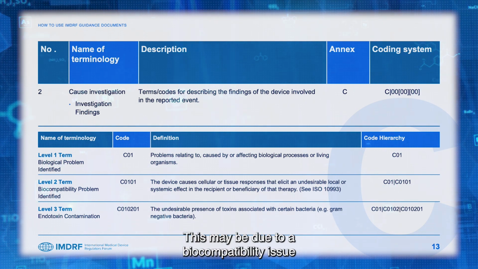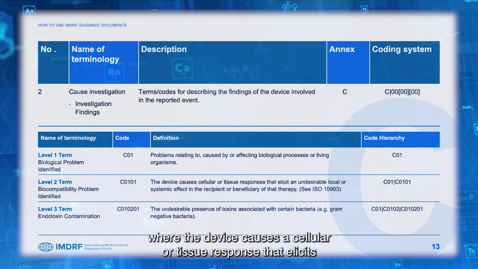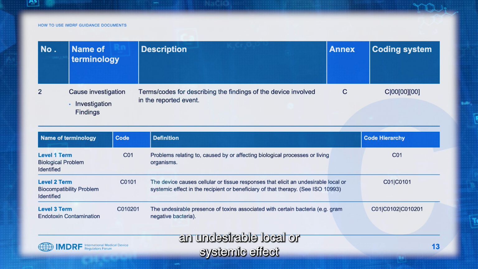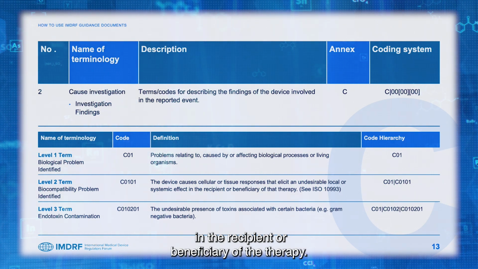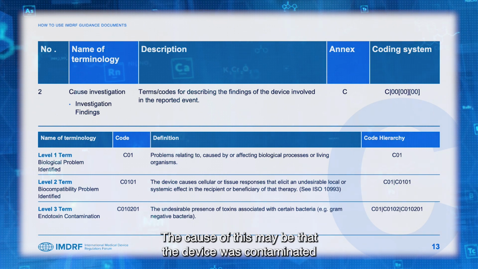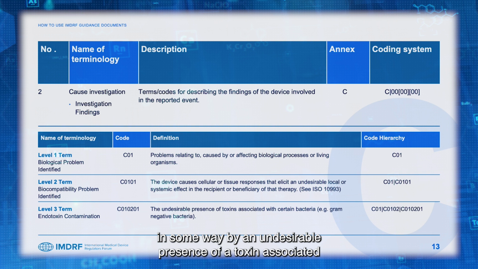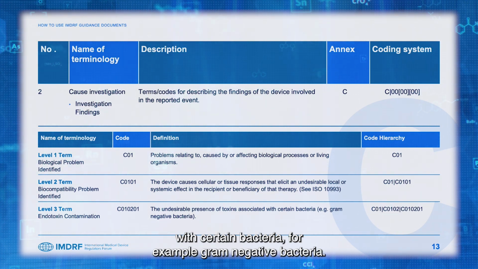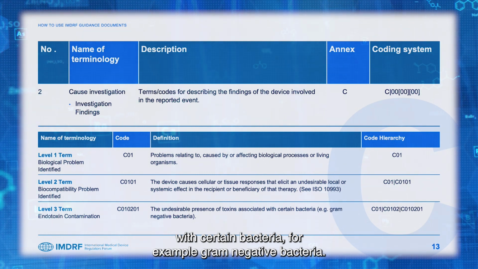This may be due to a biocompatibility issue where the device causes a cellular or tissue response that elicits an undesirable local or systemic effect in the recipient or beneficiary of the therapy. The cause of this may be that the device was contaminated in some way by an undesirable presence of a toxin associated with a certain bacteria, for example, gram-negative bacteria.